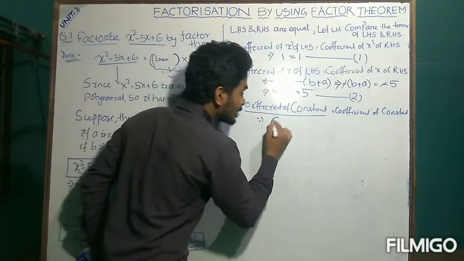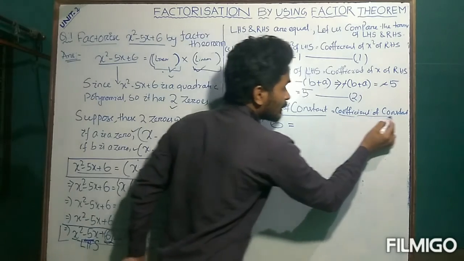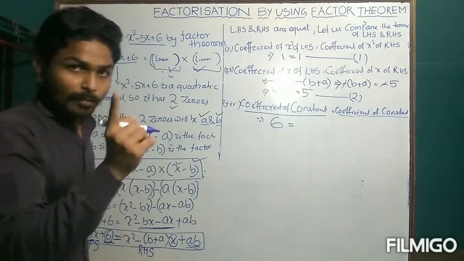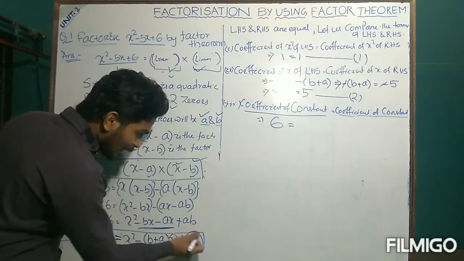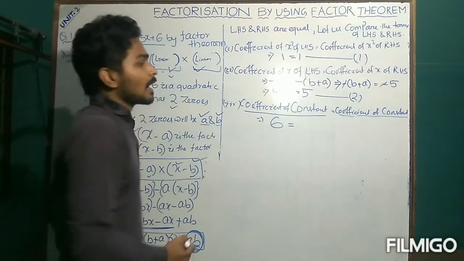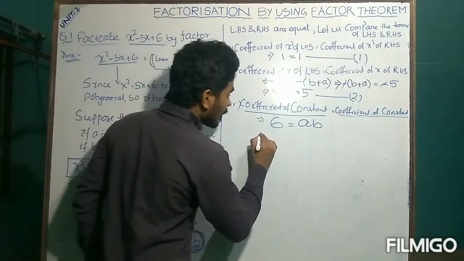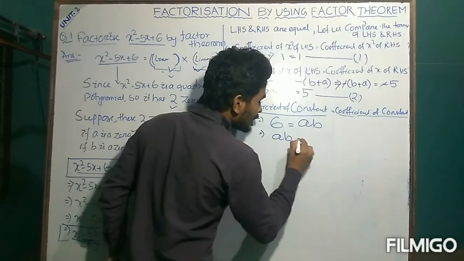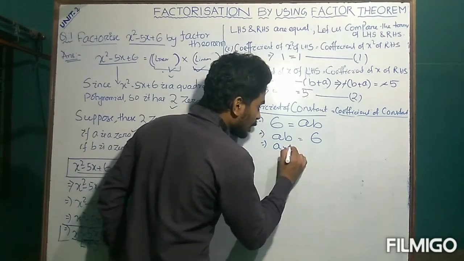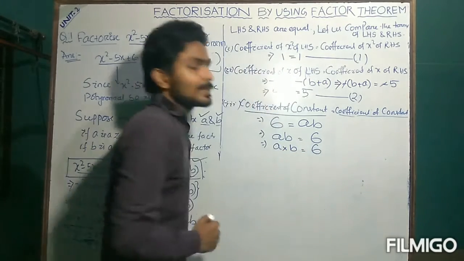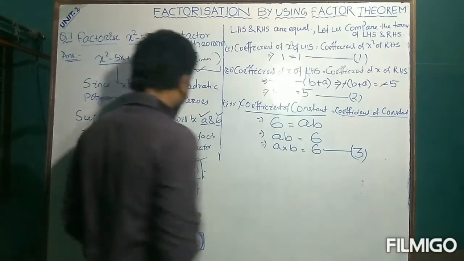So I can write 6 is equal to, then it is compared with the constant term of RHS. And in RHS what do we have? We have ab as the constant. So you can write ab. Conversely you can write it as ab is equal to 6. What does it mean? It means a is multiplied with b to give 6. And let us take this as equation 3.